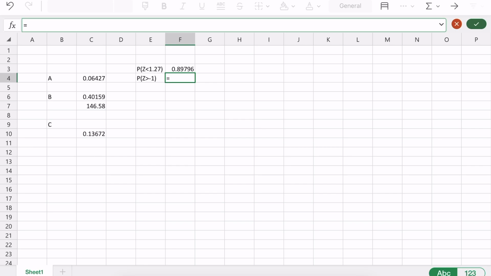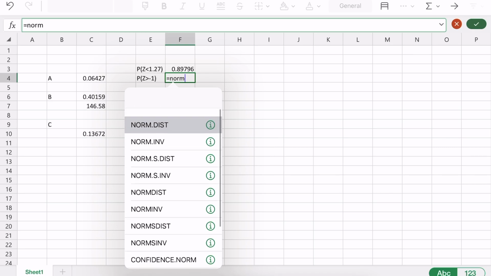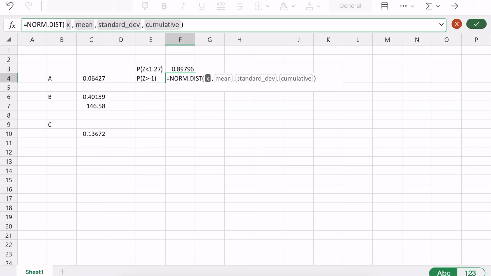Equals norm. All right, and I'm looking for left tail, right tail. I don't see any of that. And so Excel really only gives you the area to the left. Now we want the right.